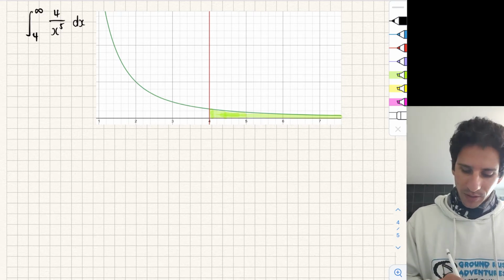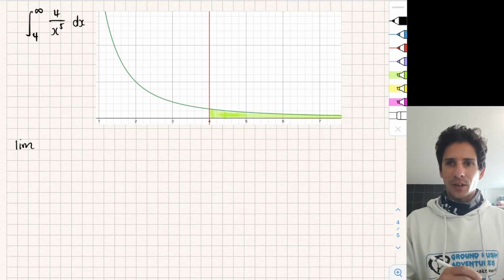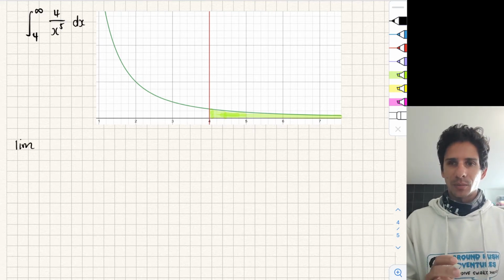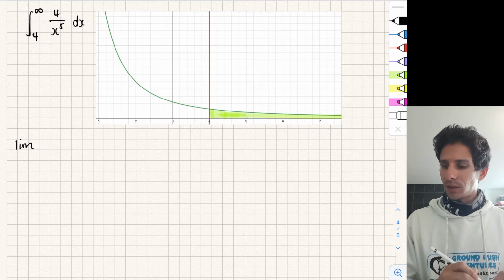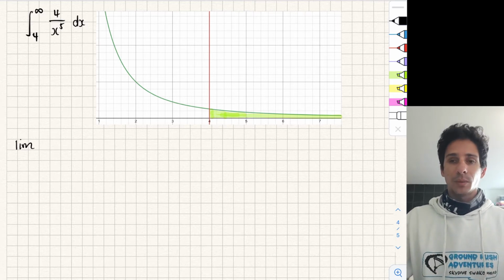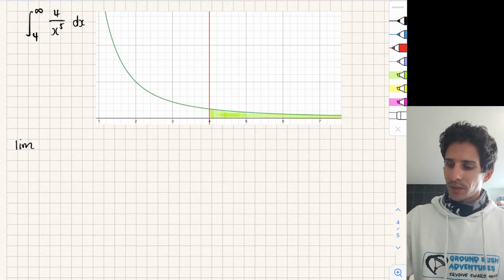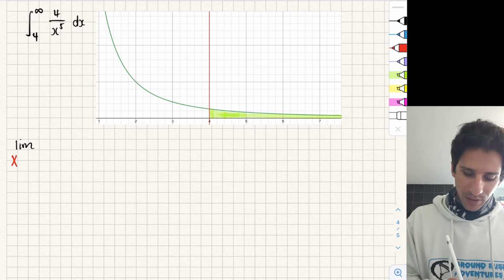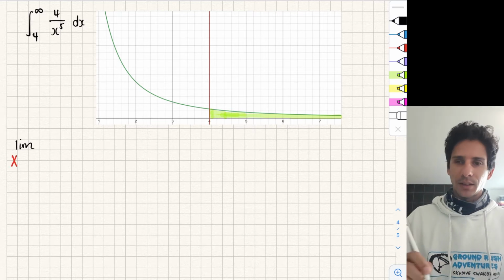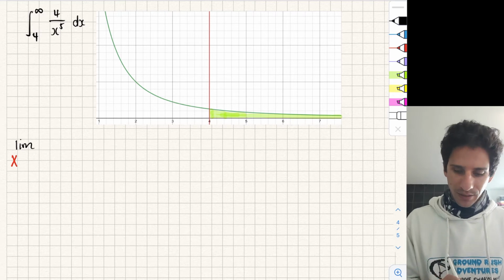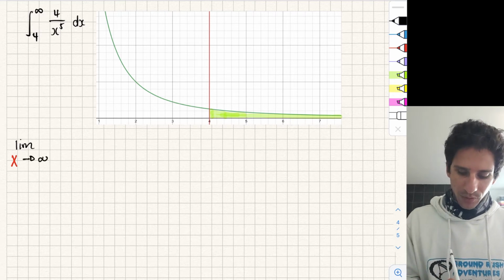We want to find the limit. Now we need to define a value for infinity. You can make it any placeholder you want, x, p, q, whatever you want. If I make it x, and I'll write that in red so you can clearly see it, x approaches infinity.